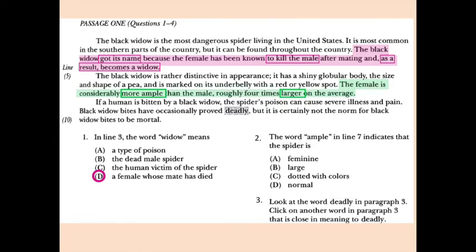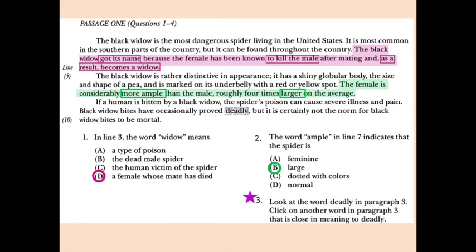So let's look at the answers. It does not say anything about feminine, does not talk about colors, and it does not talk about being normal. But B, large, is in the sentence. B is our answer.